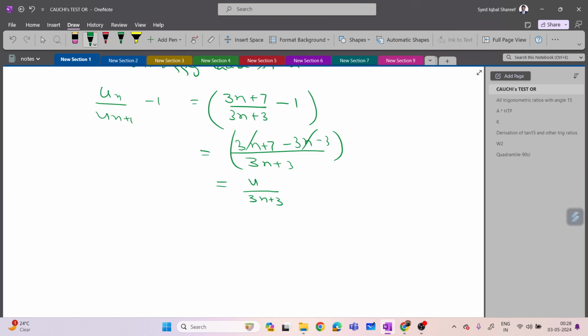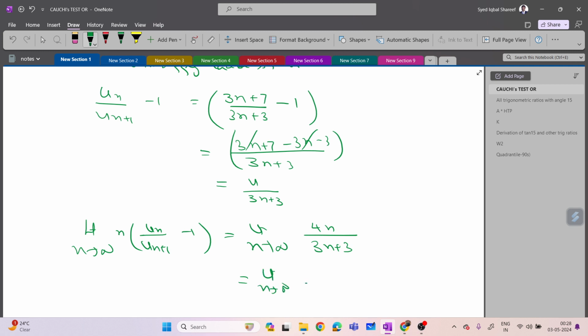So now apply the limit. Limit n tends to infinity of n into (u_n by u_(n+1) minus 1) equals limit n tends to infinity of 4n by 3n plus 3. Taking n common, 4 is left in the numerator, and in the denominator, taking n common, it is 3 plus 3 by n.